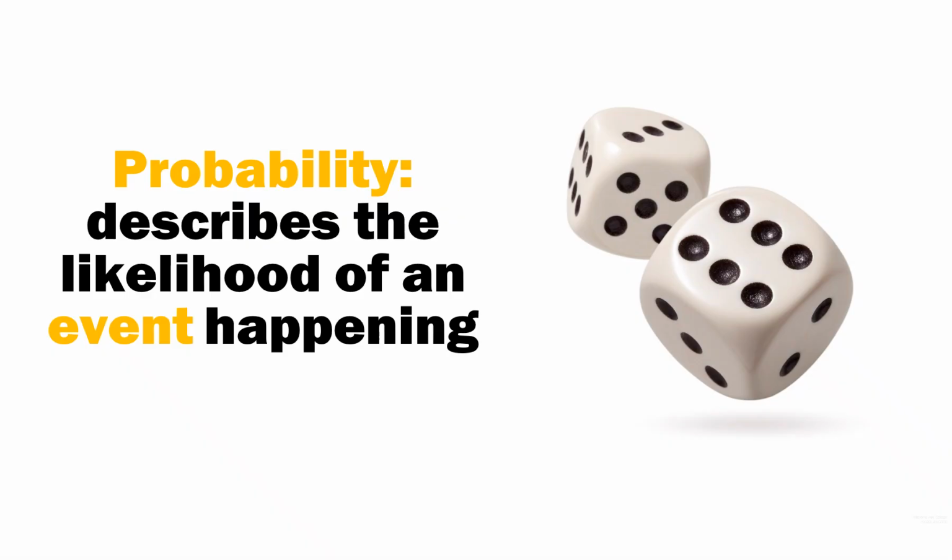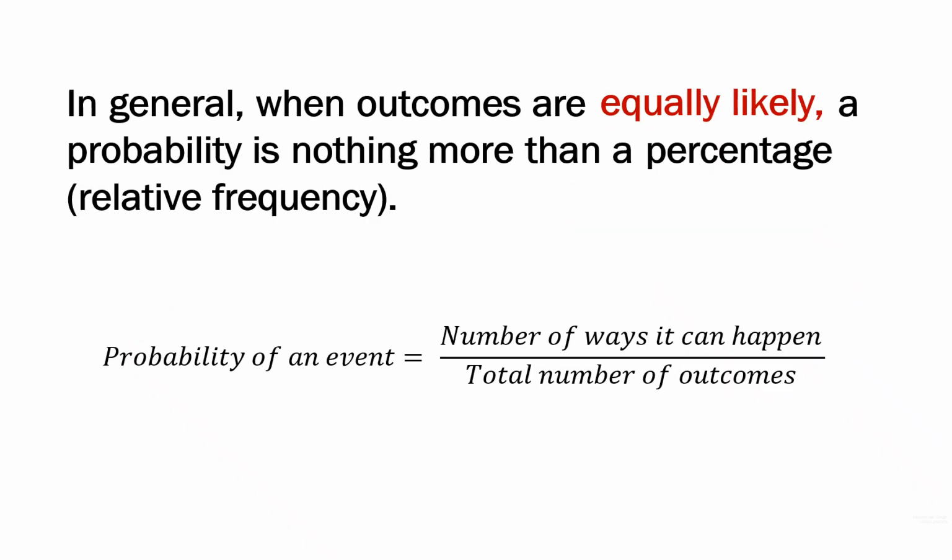To define probability, it describes the likelihood of an event happening. And you'll see that I have event highlighted because we're going to talk about what that means more precisely as we move forward. In general, when outcomes are equally likely, a probability is nothing more than a percentage or a relative frequency.